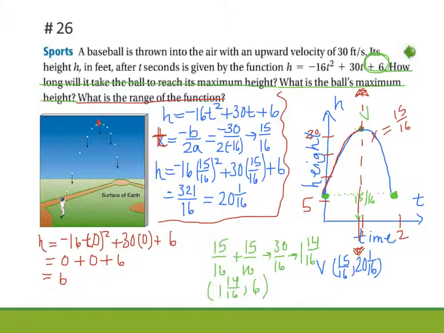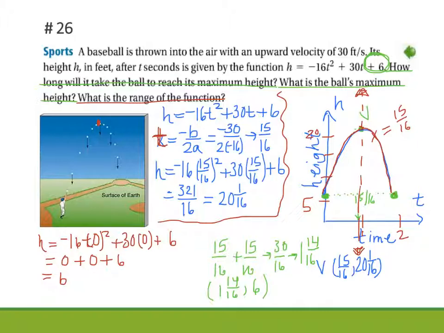What is that maximum height? About 20 feet, 20 and 1/16 feet. How long does it take it to reach its maximum height? Almost a second, about 15/16 of a second. It reaches its maximum height and then the ball starts to fall. How long does it fall? Well, after another 15/16 seconds, the ball is going to be back at 6 feet. That's how that reflection works.